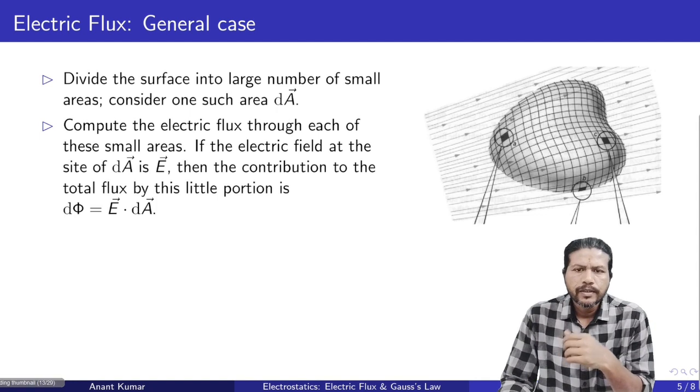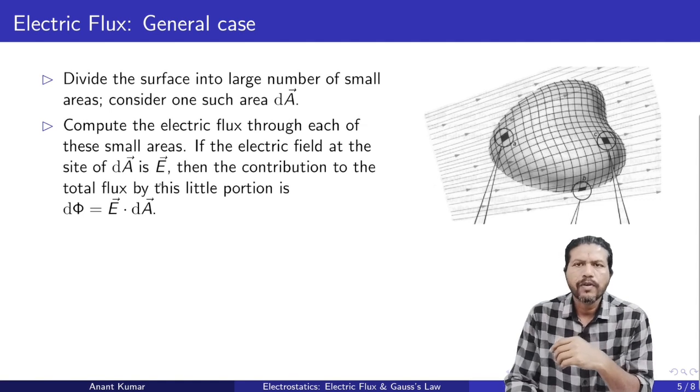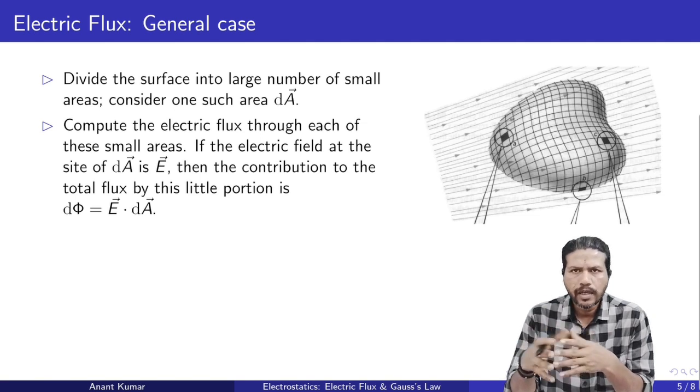Now, if the electric field at the location of the differential element dA vector is capital E vector, which again can be different, it can change from one location to another, but at the site of dA vector I am taking this to be E. Then I find the contribution to the total flux by this little portion as d phi, which is E dot dA. That gives us a scalar number.